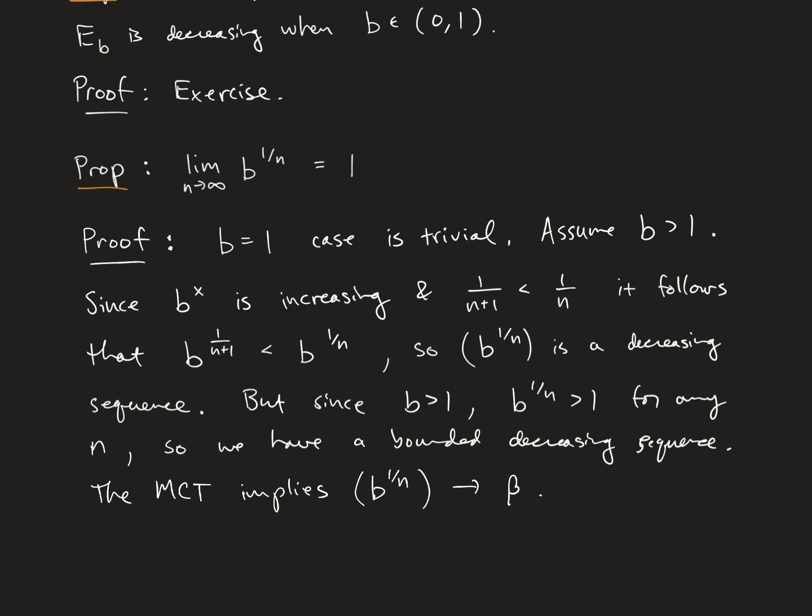But then we can use a trick that we've used before, which is that you can look at a particular subsequence. So if you look at the even subsequence along here, that's going to converge to the same limit. However, b to the 1 over 2n converges to beta as well.